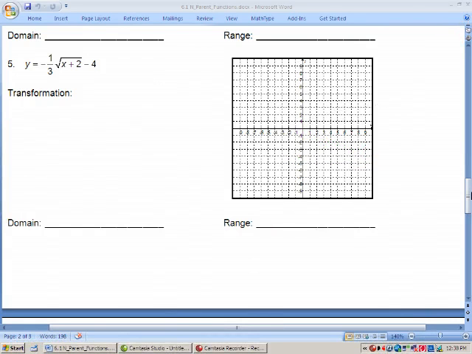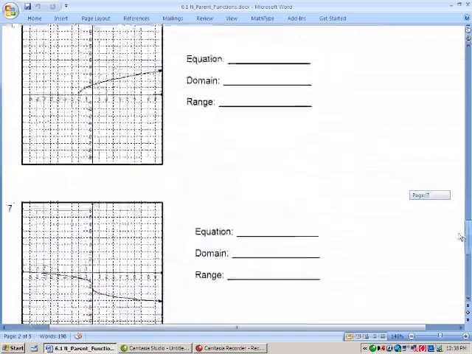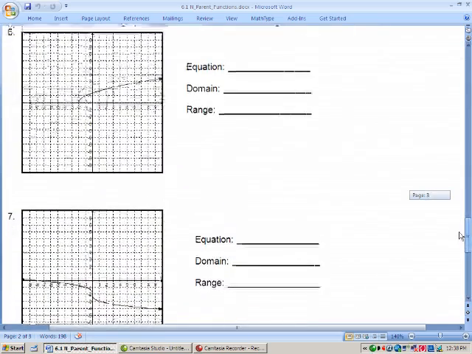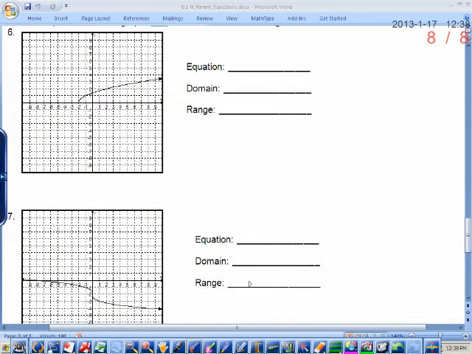All right. With a partner sitting next to you, I would like for you to go ahead and work on 6 and 7. It might be beneficial to plot the parent functions on the graph so you can tell what changes have been applied.